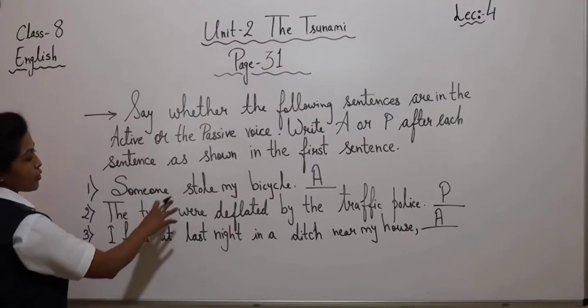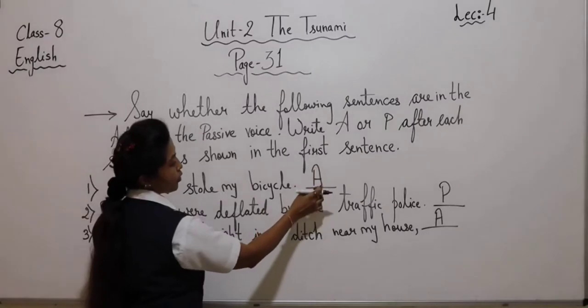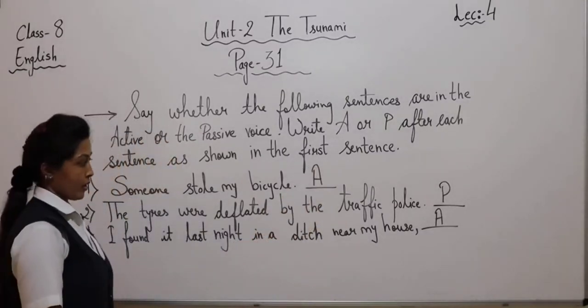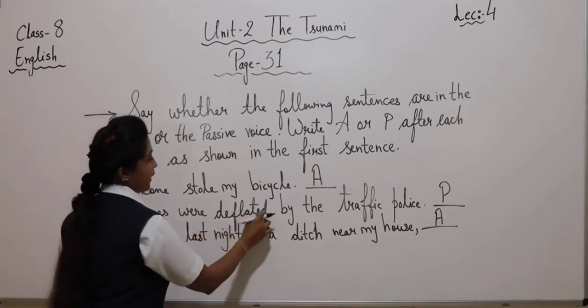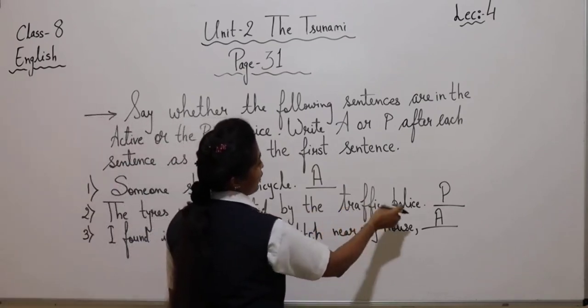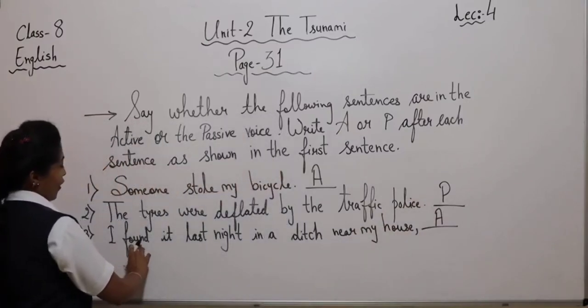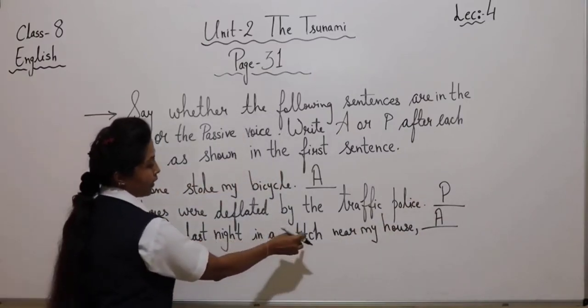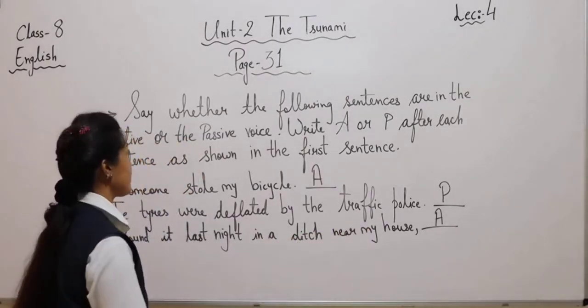So, someone stole my bicycle. This example is given, and the answer is also given. It's in the active voice. Yes, the tires were deflated by the traffic police. Passive voice. I found it last night in a ditch near my house. Active voice.